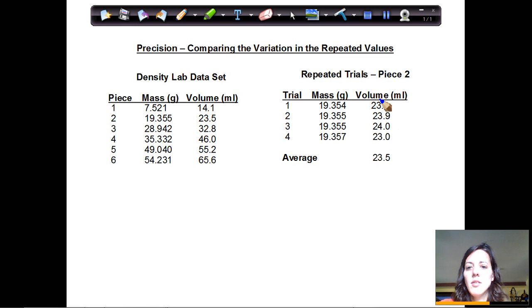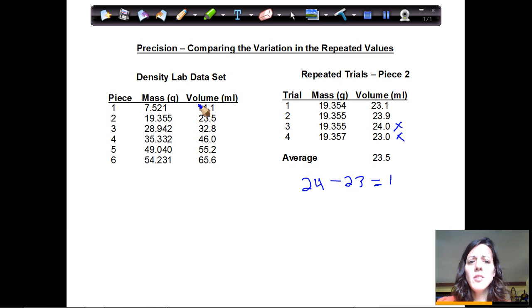We need to calculate the range in the volumes for our repeated trial, so we want to find the highest value and the lowest value. So 24 minus 23. Pretty easy to do, but I'll write it down. So our range for our repeated trial of piece 2 was just 1 milliliter.